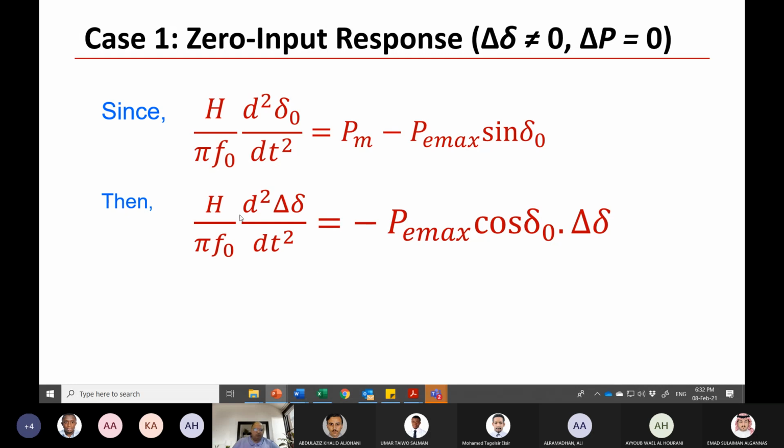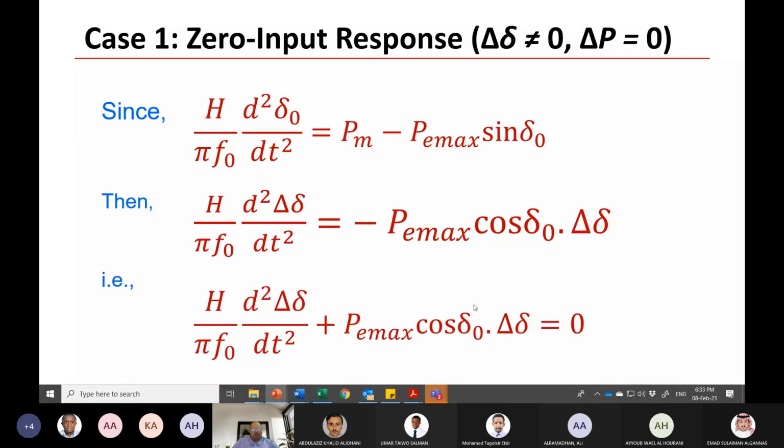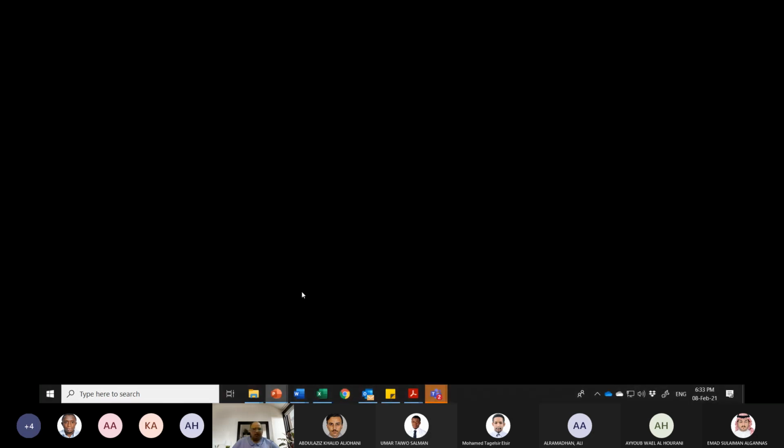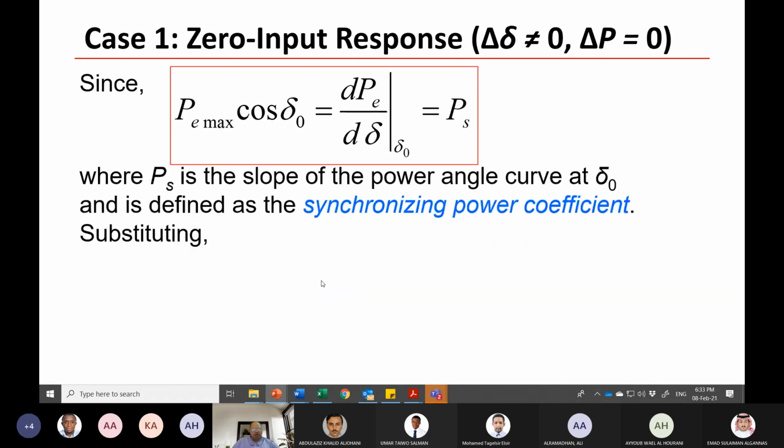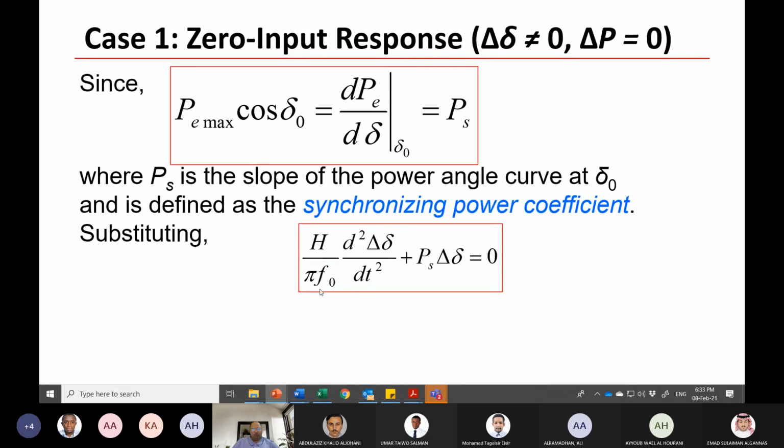This is S square delta delta of S, and B max is constant, and cosine delta 0 is constant, where delta 0 is a specific angle, and this becomes delta delta of S.